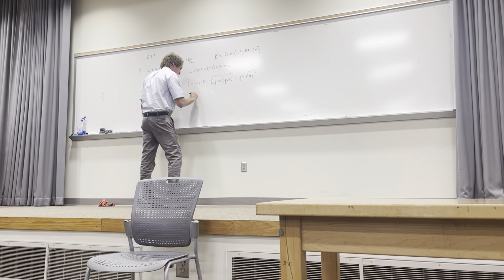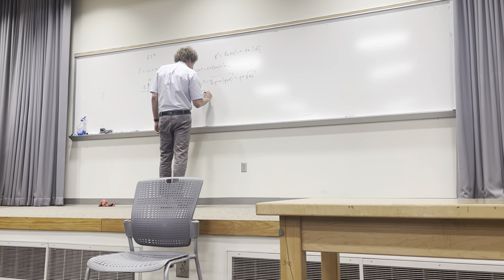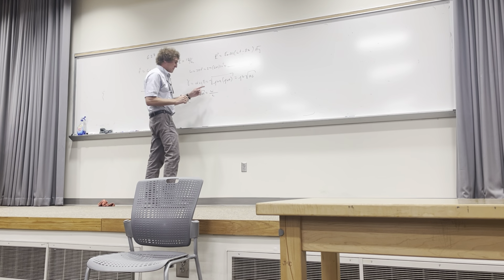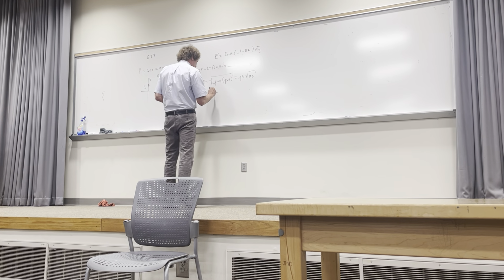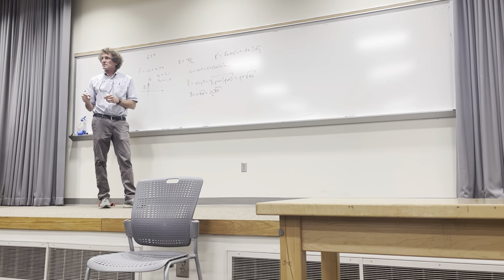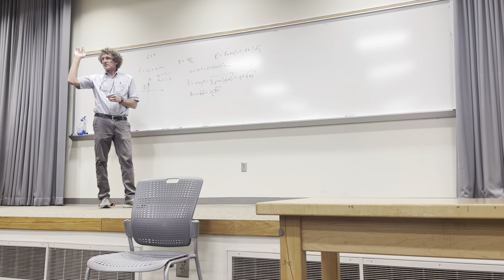Beta, therefore, equals omega times the square root of mu epsilon. That's omega over c, because it is the square root of mu naught epsilon naught times the square root of epsilon relative. Do you all follow what I'm doing here? Can you read it in the back? I'm trying to be clear about this.